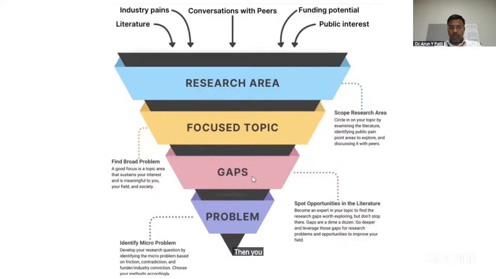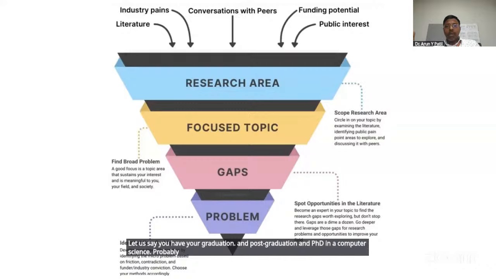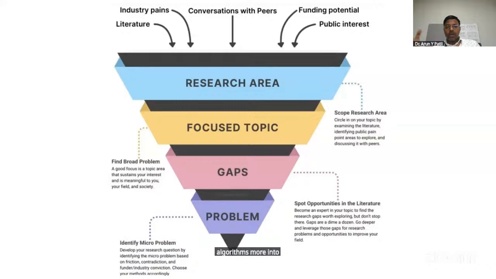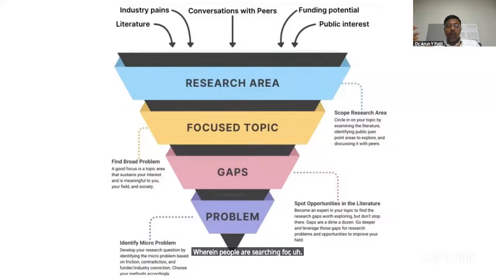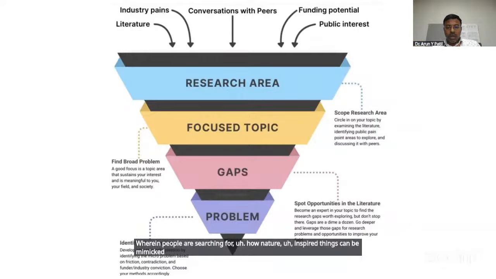Then you try to find out the gaps in each of these verticals where you are passionate, where you are inclined towards. Let us say you have your graduation, post graduation and PhD in computer science. Probably you might have worked on algorithms, more into, let me say currently the niche area is the bio-inspired algorithms, wherein people are searching for how nature-inspired things can be mimicked and converted to algorithms.